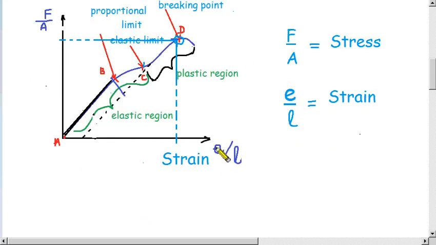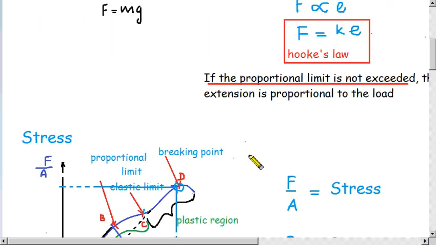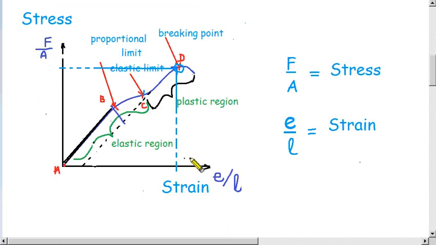We divide E by L, where L means the original length of the wire, its natural length. We divide each extension by that constant initial length, say 2 meters, so we get values and can plot the graph.